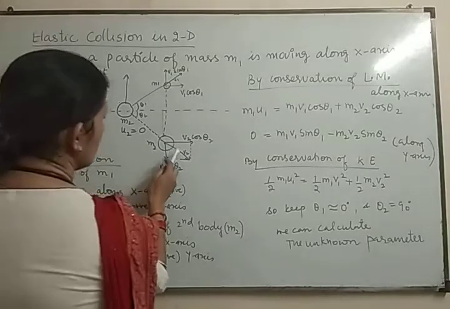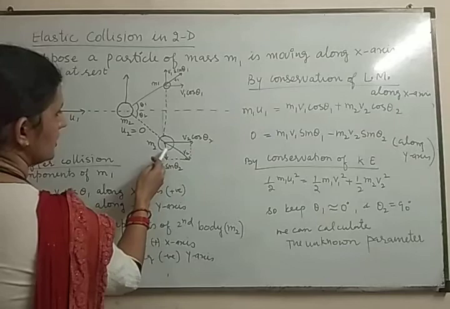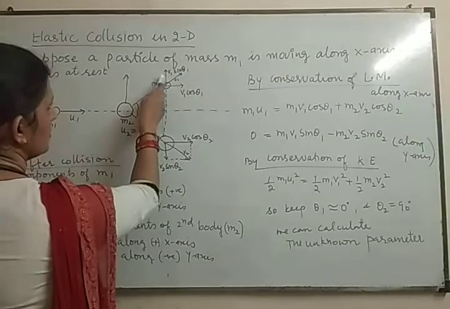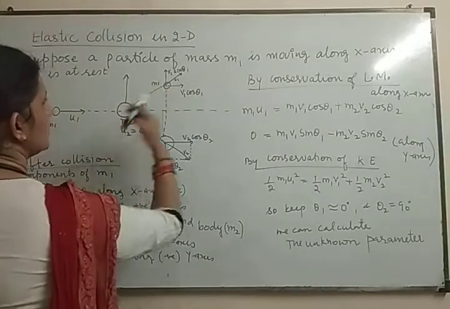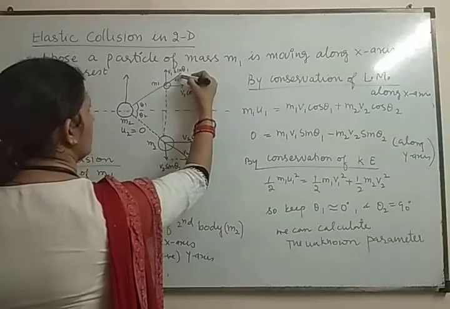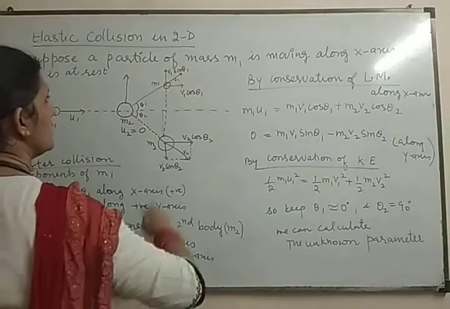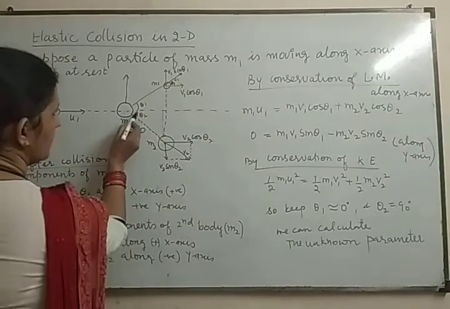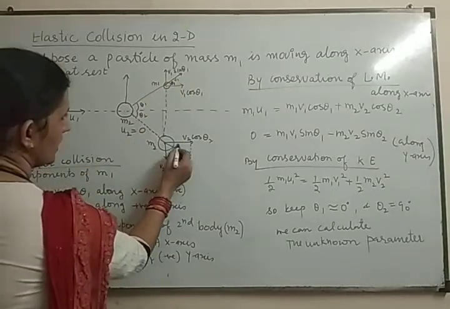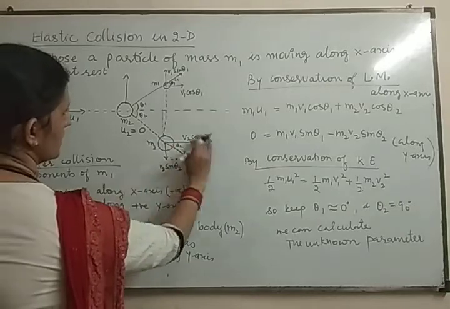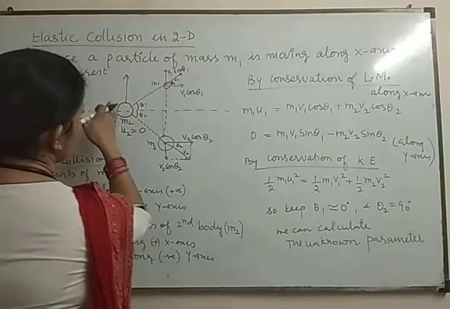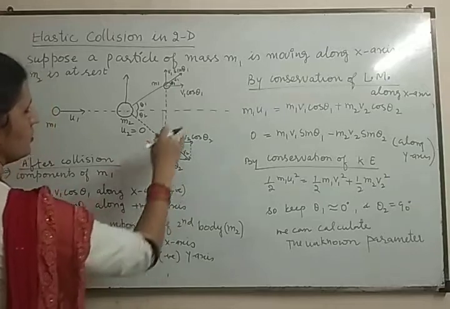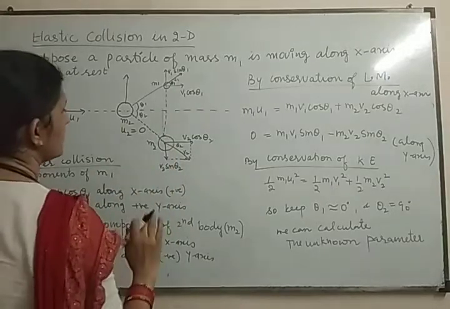Now these are not along the x-axis or y-axis, so we resolve the components of velocity along the x and y axes. This angle is also theta 1, and if this angle is theta 2, this angle will also be theta 2, because these two lines are parallel and this line intersects both of them, so the two angles are equal.